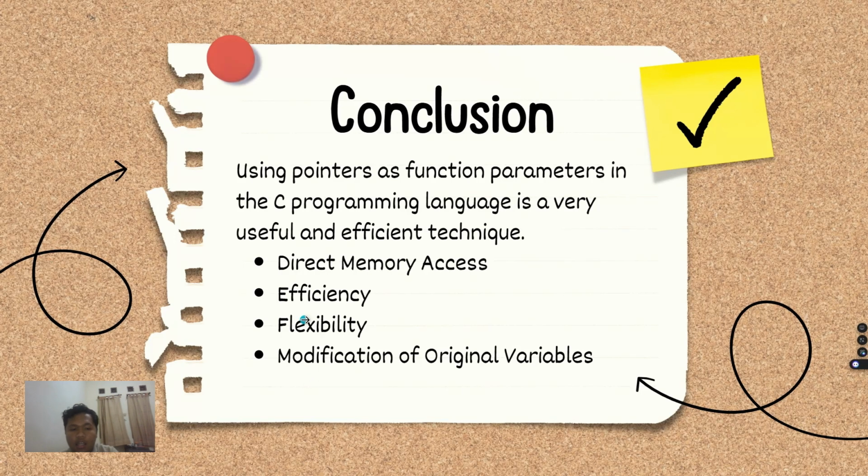So the efficiency and flexibility are much better than just using the pass by value technique. And if we want to modify the original variable, it is much easier to use a pointer as a function parameter.